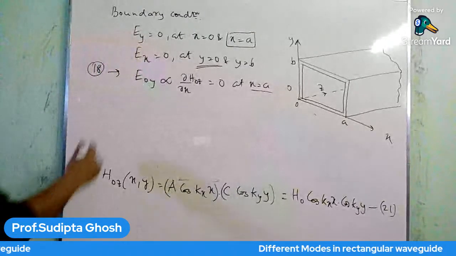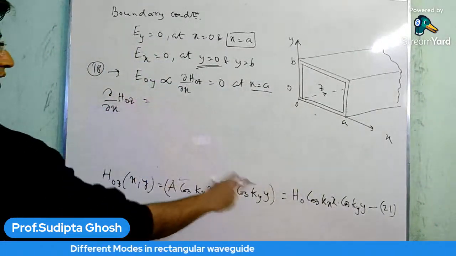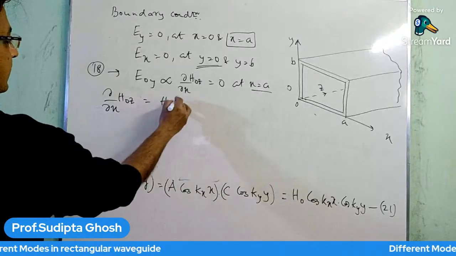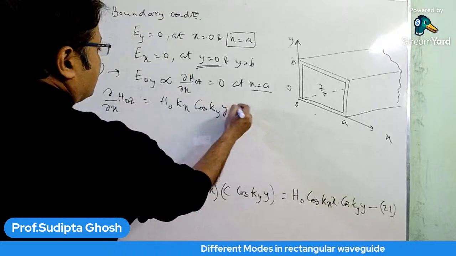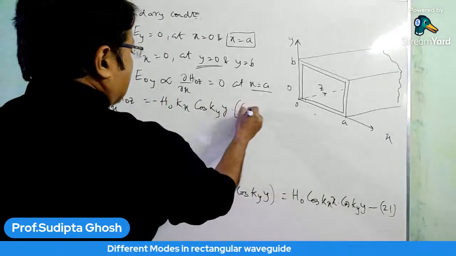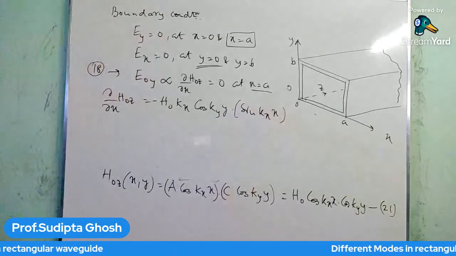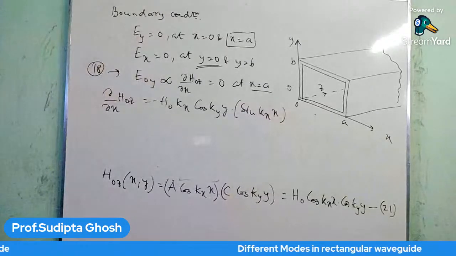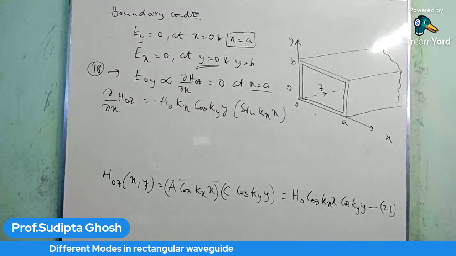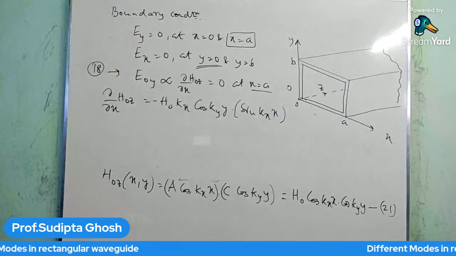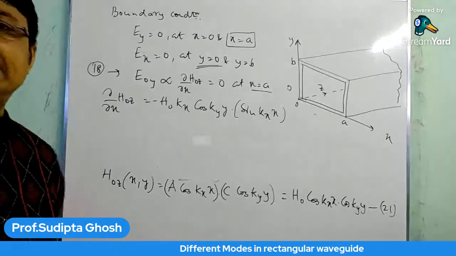Now del x of HOZ will be H0 kx cos ky y into minus sin kx x. So after differentiating equation number 21 with respect to x, we have H0 kx sin kx x and cos ky y will be there.